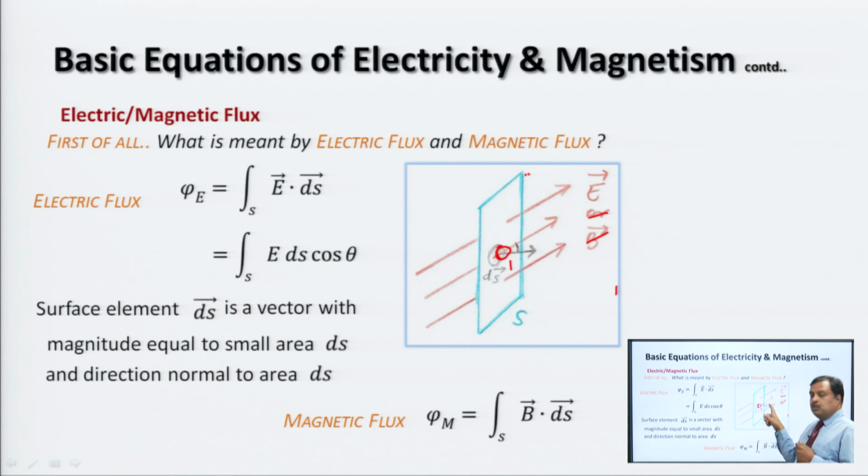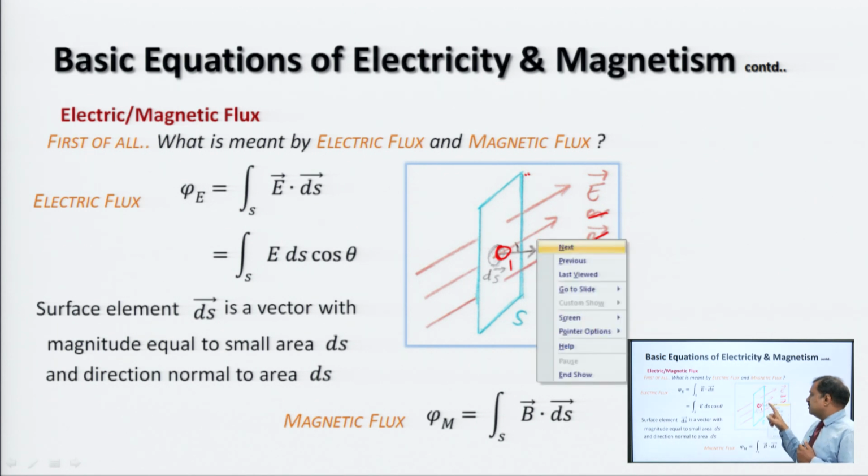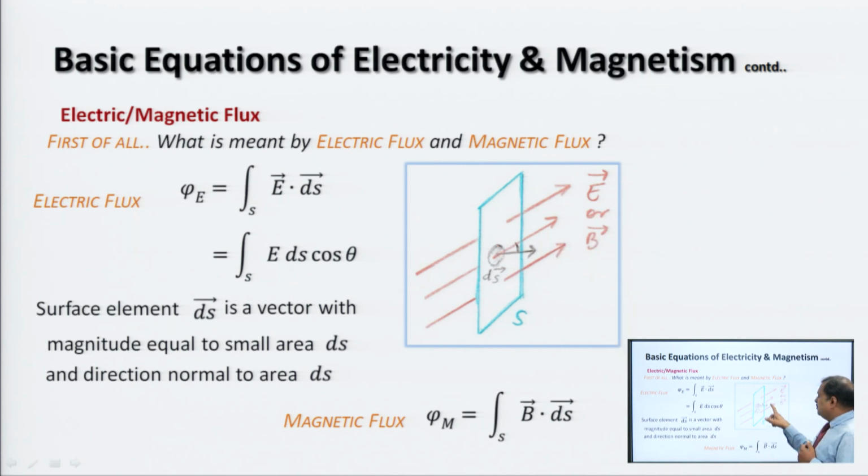This black arrow is along normal, and if direction of electric field makes an angle theta with the normal, then component of electric field along normal will be E cos theta, and the electric flux passing through the small area ds will be E cos theta into ds.